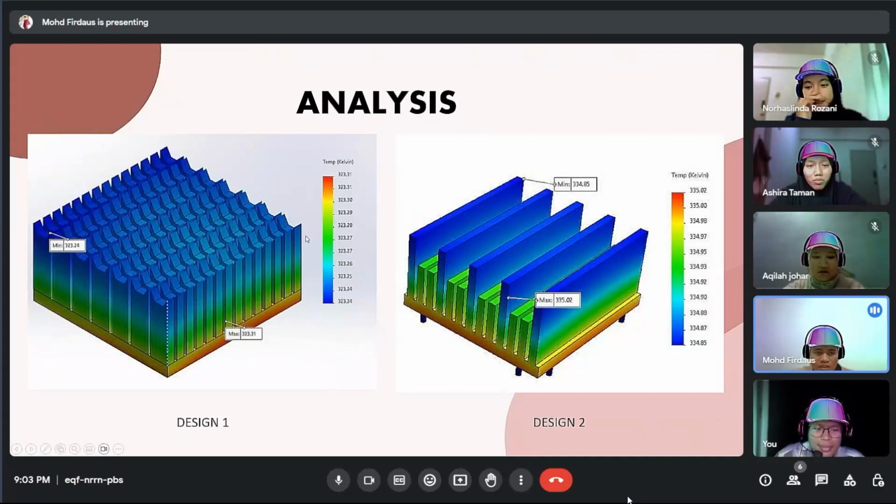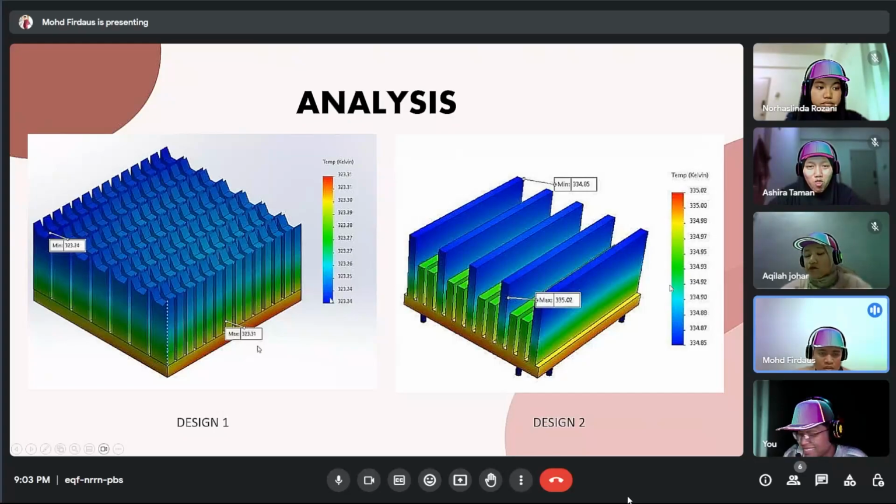For the analysis, this is the result for design 1. For design 1, the maximum temperature, which is shown below here, is 323.31 Kelvin. When we convert to degrees Celsius, we minus 273, and we get 50.31 degrees Celsius.